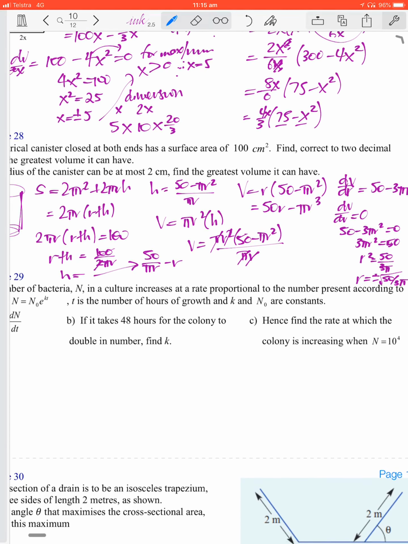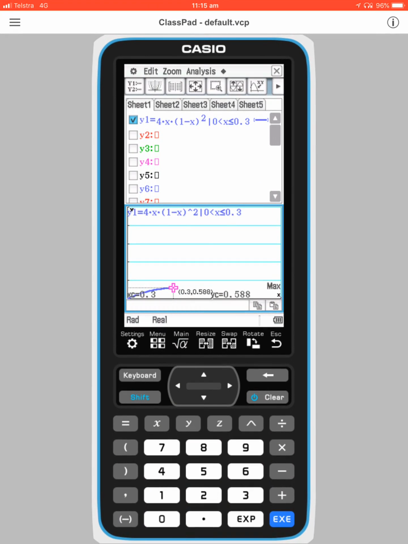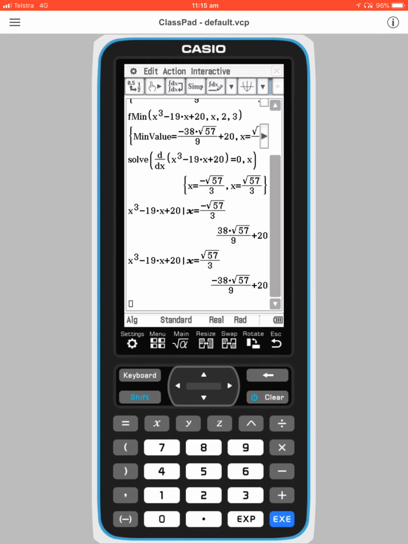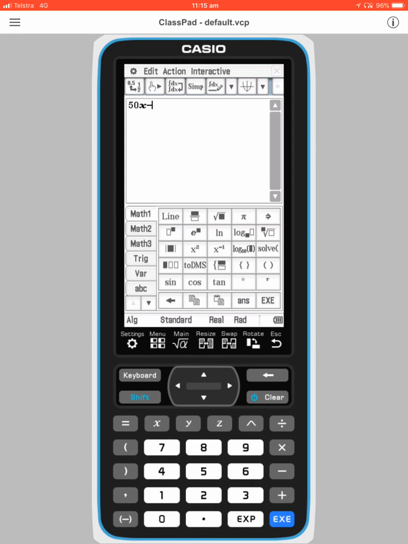Find the greatest volume it can have. So we know our volume formula is 50r minus pi r cubed. In the calculator, 50x minus pi x cubed.